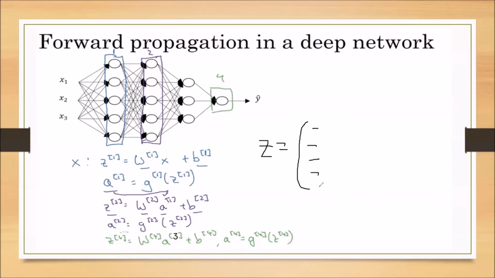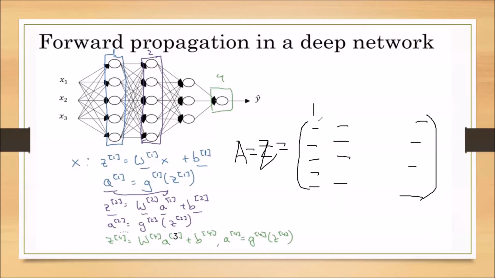The 5 activation unit Z values are here for the first training sample, for the second training sample, and for the mth training sample. This is capital Z. Similarly, whatever the matrix size of Z, the same matrix size of A will be there. So if we apply the sigmoid of Z or tanh of Z or any activation function of Z, we are getting the activation function outputs of the first layer for all training samples.